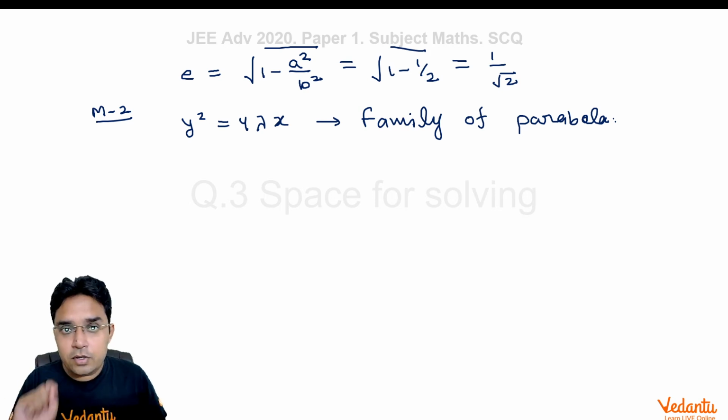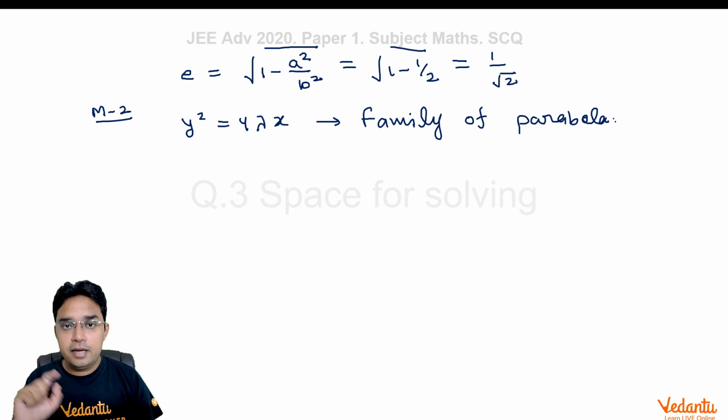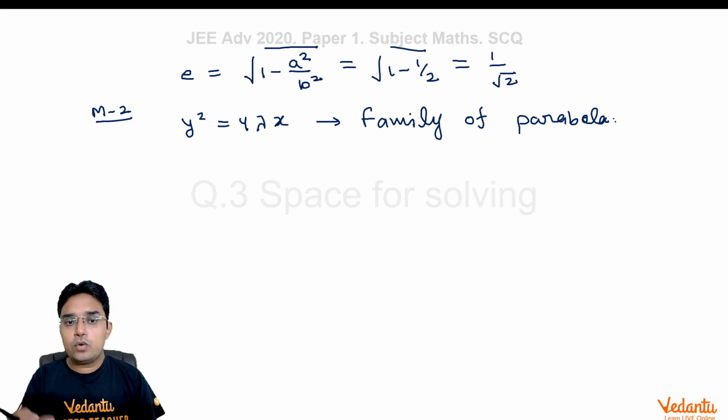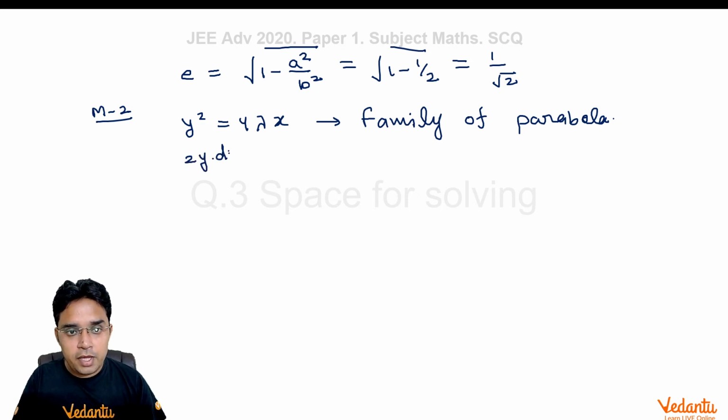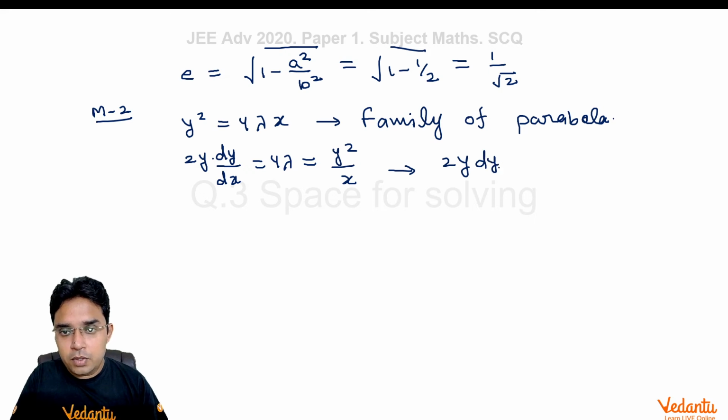Now, because they are talking about an ellipse cutting it at 90 degrees, let us try to see what could be the orthogonal trajectory for this family of parabolas. You know how the orthogonal trajectory is found. First we form a differential equation, and to do that we differentiate. So 2y into dy upon dx is equal to 4 lambda, and this will be y square upon x. This gives us the differential equation 2y into dy upon dx is equal to y square upon x.